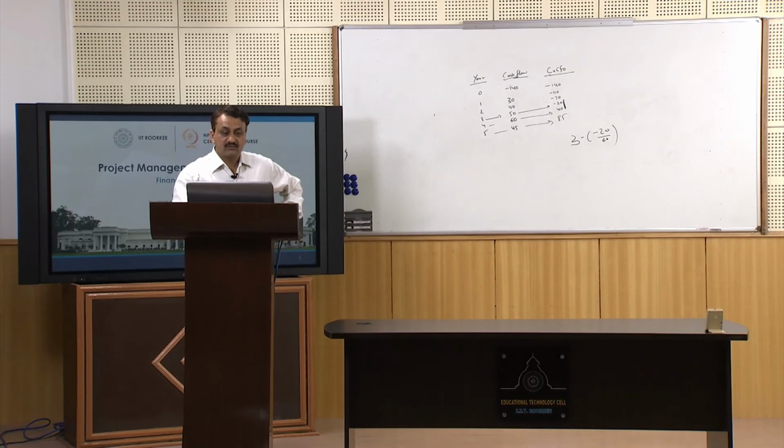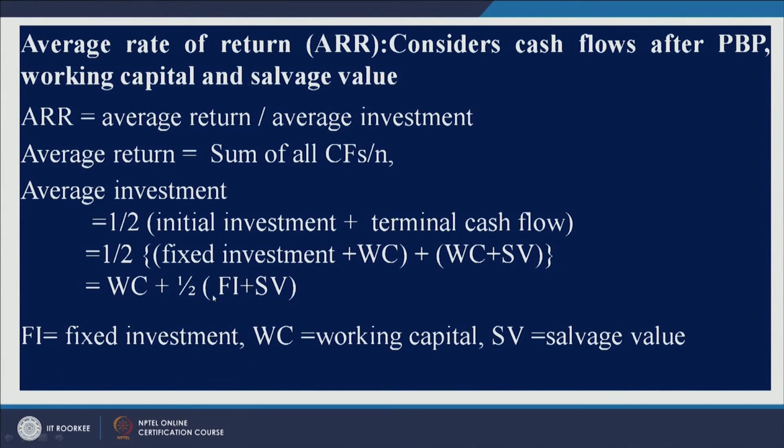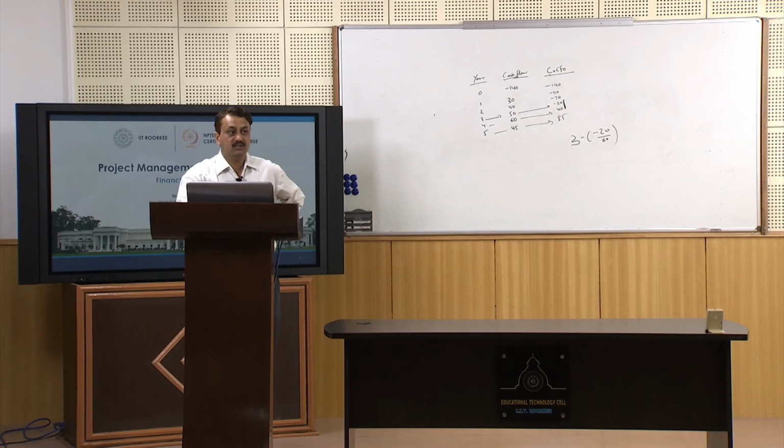If you solve this equation, you will get average investment as working capital plus half of the sum of fixed investment and salvage value. So, just keep this formula in mind and calculate average rate of return. Here FI is fixed investment, WC is working capital and SV is salvage value. We will work out an example using this method.